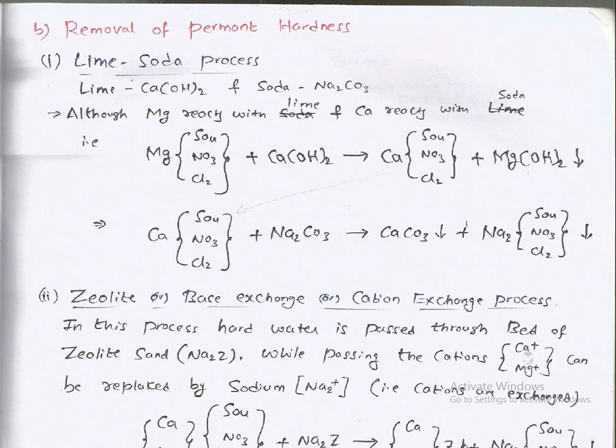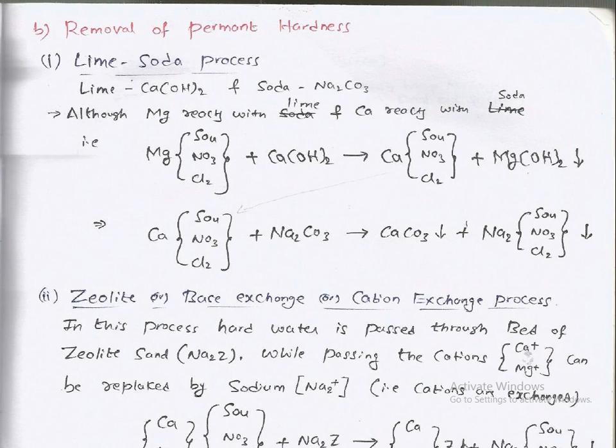Calcium sulfate, calcium nitrate, calcium chloride plus Na2CO3 gives calcium carbonate plus Na2SO4 or sodium nitrate or sodium chloride.